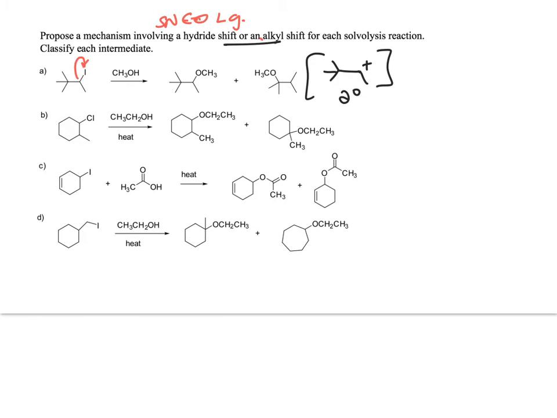So this is showing you now our nucleophile, which is weak here. You always have weak nucleophiles when you're doing SN1 or E1. And this can come in here, and that's going to give you the first product we see. However, we can get a more stable carbocation because this one here is a tertiary position.